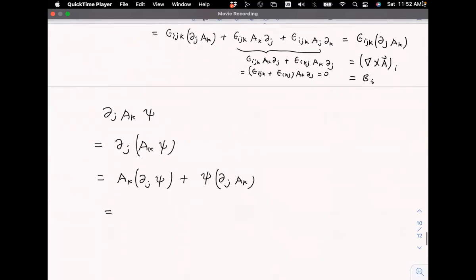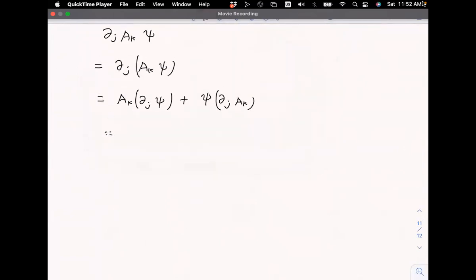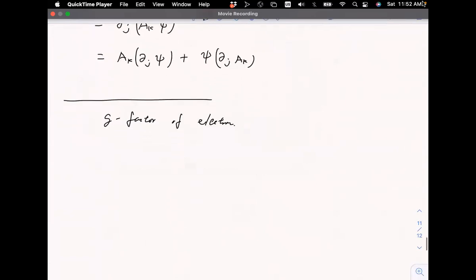So, the g-factor of the electron. This Zeeman term is this. This is what we derive from the Dirac equation.